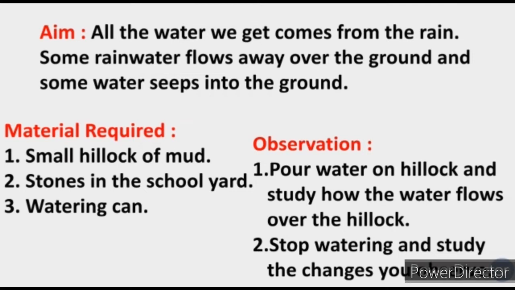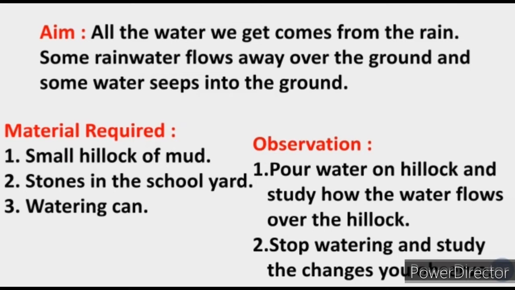Now you have to make 2 observations here. In this activity you have to make 2 observations. First one, pour water on the hillock and study how the water flows over the hillock. First you have to pour water and observe the changes or the flow of the water over the hillock.